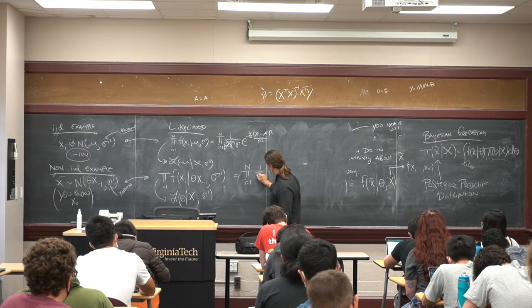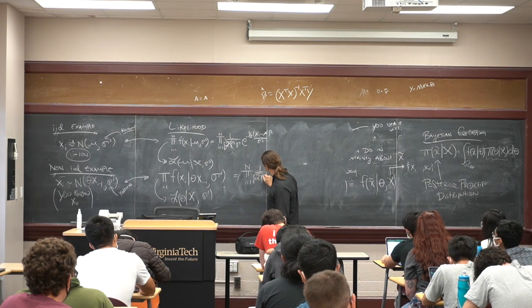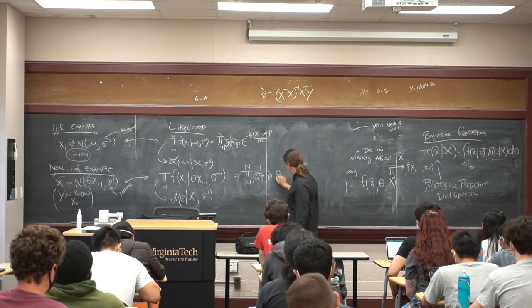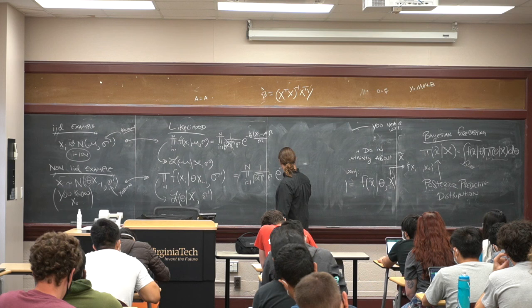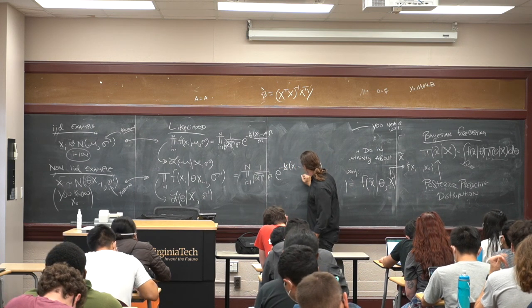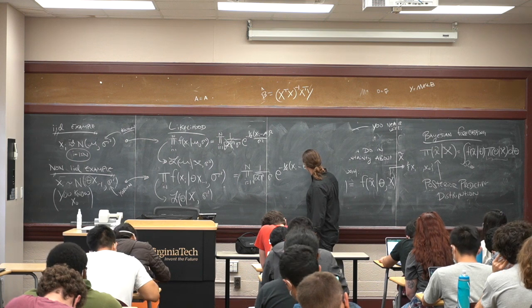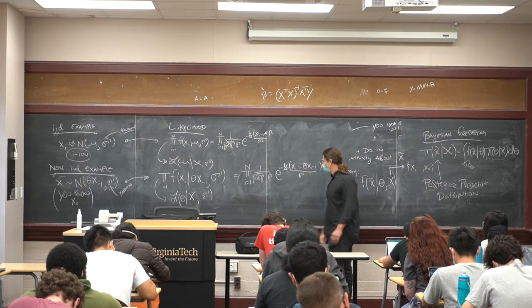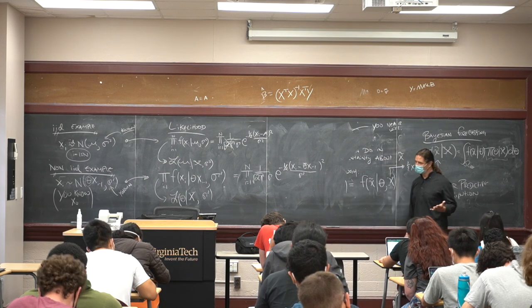This will look like 1 over square root 2 pi sigma. These are all normal distributions again. e to the minus 1/2 xi minus beta xi minus 1 over sigma squared.